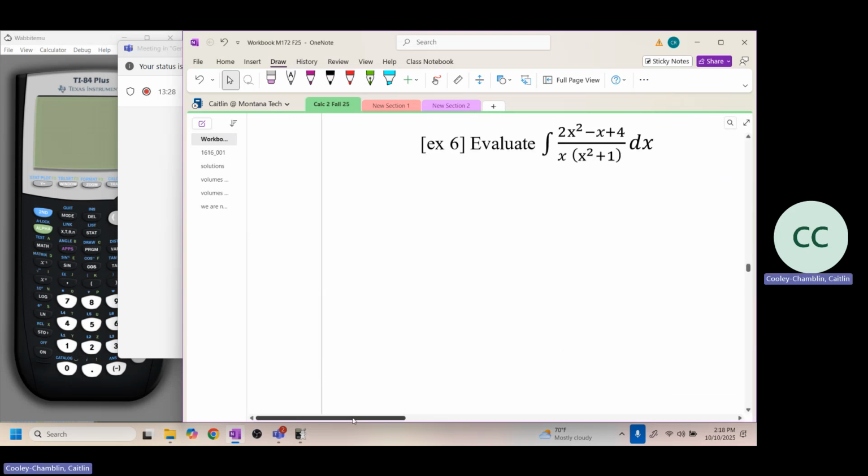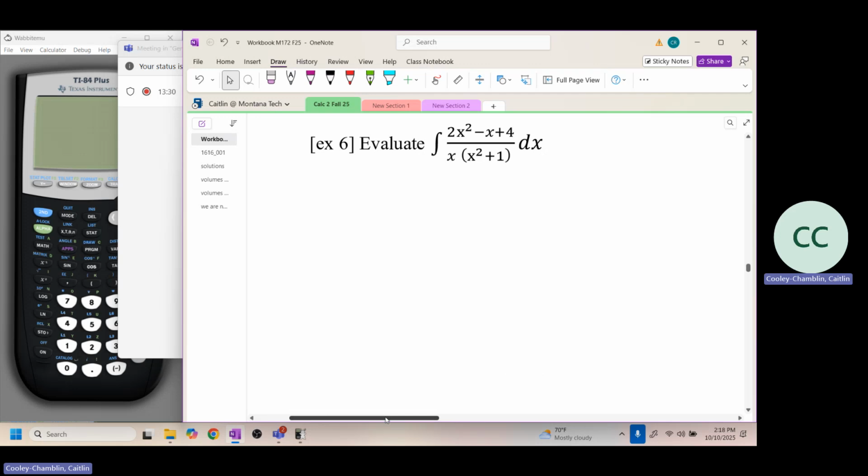So let's look at our next example. We have 2x squared minus x plus 4 divided by x times x squared plus 1 dx.